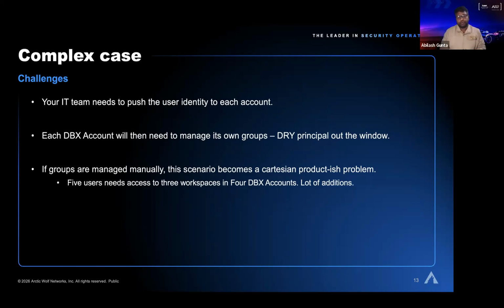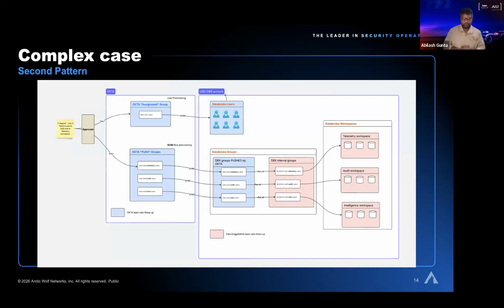If 5 users want access to 3 workspaces in 4 accounts, you can imagine this becomes a big multiplication problem. Lots of additions. So to avoid this and to solve this challenge, we introduce the second pattern. This is very similar. It builds upon the first pattern.